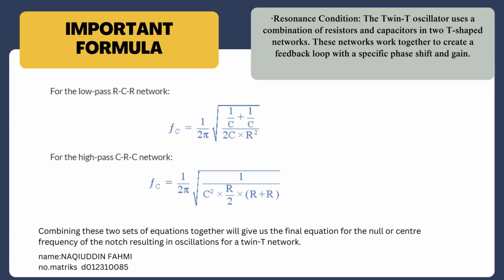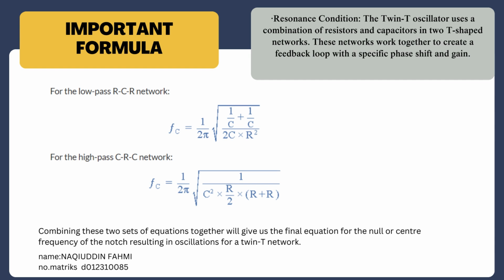The arrangement of the resistor and capacitor determines the specific frequency at which the network will allow a signal to pass through. Next, for the high pass network, the cutoff frequency fc is expressed as fc = 1 / (2 pi square root of 1 / (C square R per 2 R plus R)).